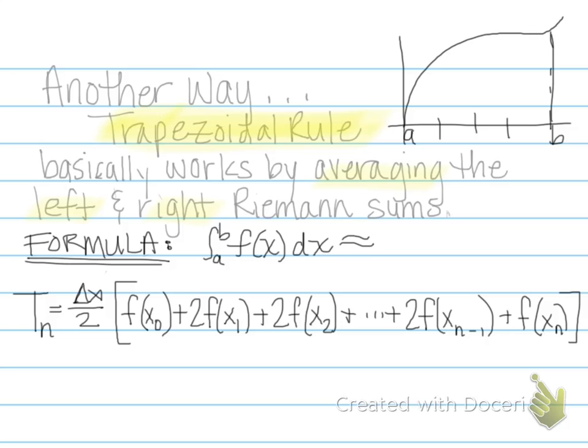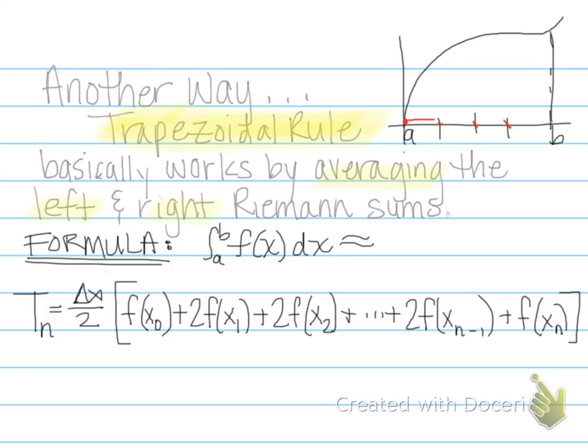If you're using the left hand, I'll do that in red. If you're using the left-hand endpoint, your height comes from the left endpoint of the interval. So this one, this one, this one, and this one. You see how that leaves off the last point because you're using the left-hand part of that interval to find the height of that rectangle.